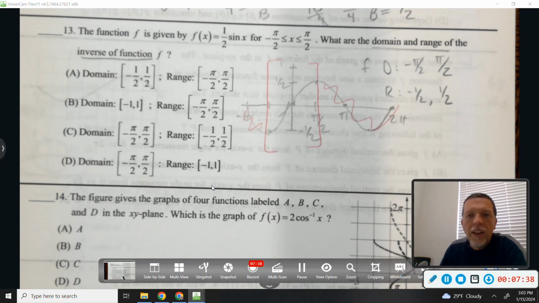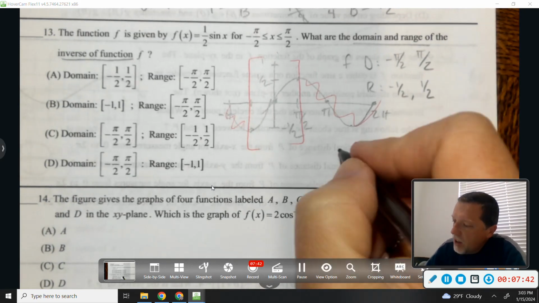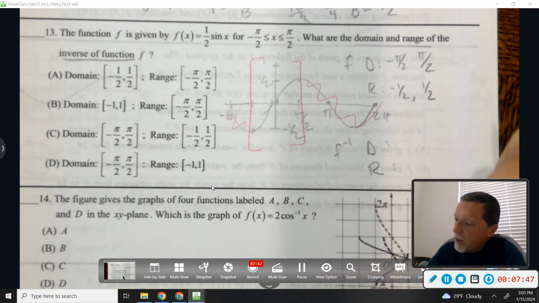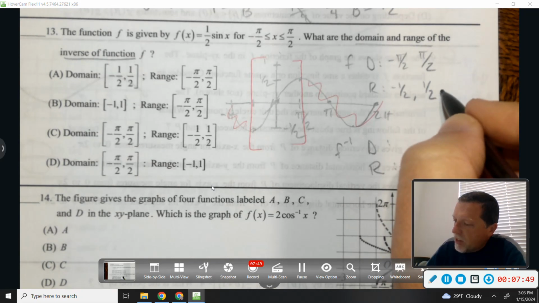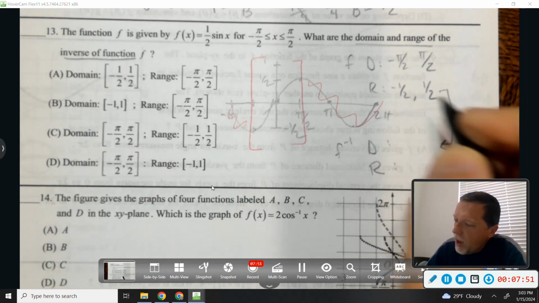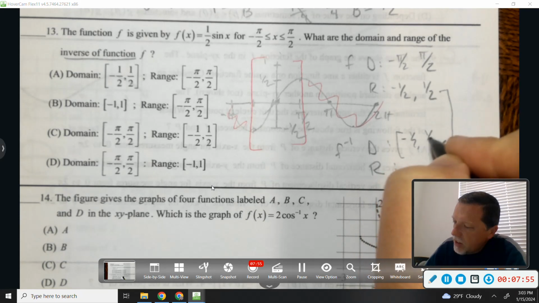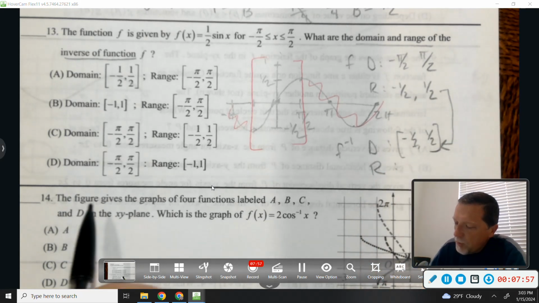Now here's a fun little thing, because to do inverses you switch x and y. So if I switch x and y, that means the domain and range trade places. So the range of f becomes the domain of the inverse, negative 1/2 to 1/2.